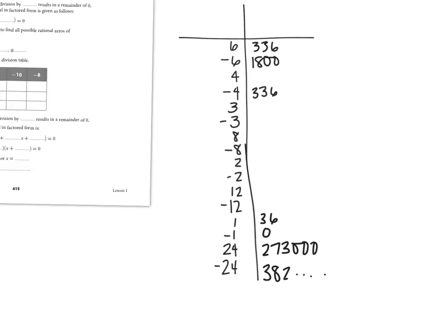Okay, what did y'all get for 12? 13,104. What did you get for negative 12? 20,400. Okay, what did y'all get for 2? 24. What did you get for negative 2? 0. Okay, what did y'all get for 8? 1,800. What did you get for negative 8? 5,544.